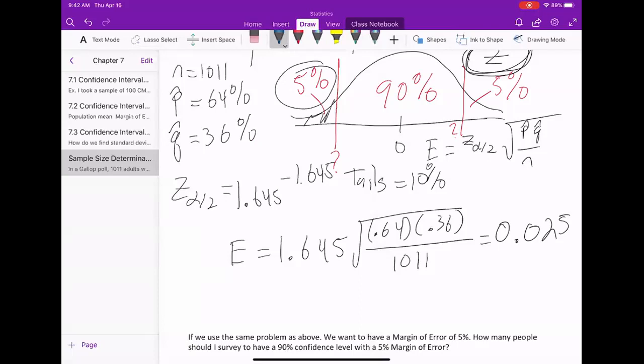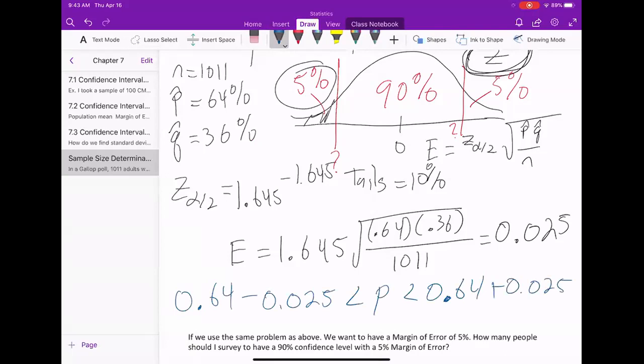So we then take our formula for a confidence interval and we take 0.64 minus 0.025 is less than P is less than 0.64 plus 0.025.